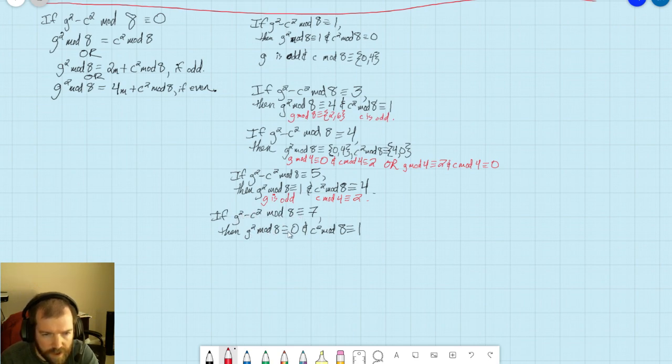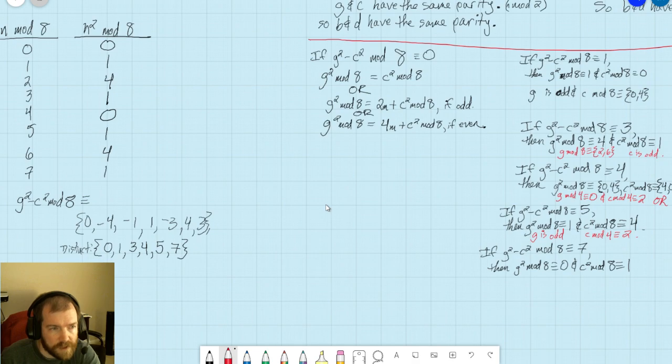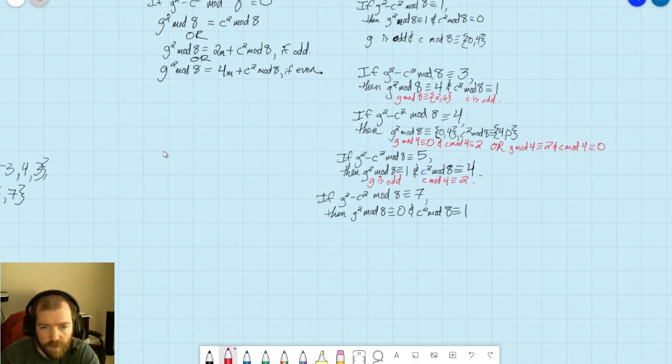Means that G squared mod 8 is 0, so it's divisible by 4, or G mod 4 is equivalent to 0.